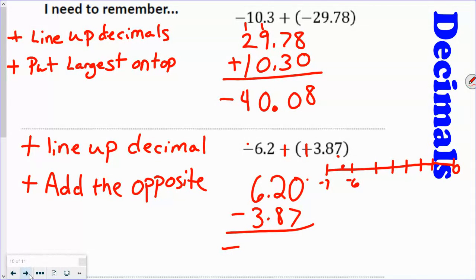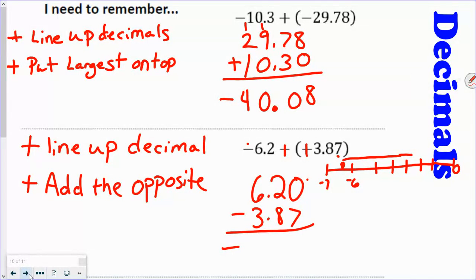Here's where I'm starting, that's my -6 and 2/10. I'm going to add, going this way a little more than 3. We'll find out if we actually end up past the 3 or not. If you notice, I'm still in the negative numbers. That's how we know it's a negative answer.